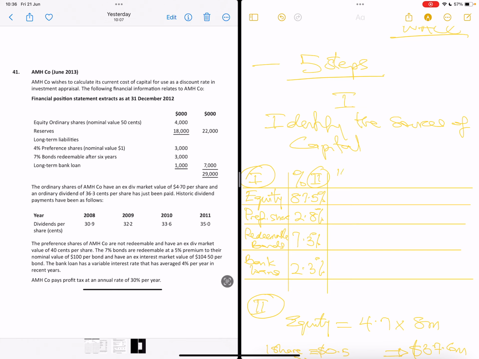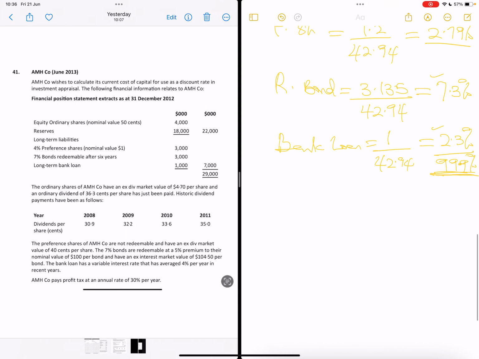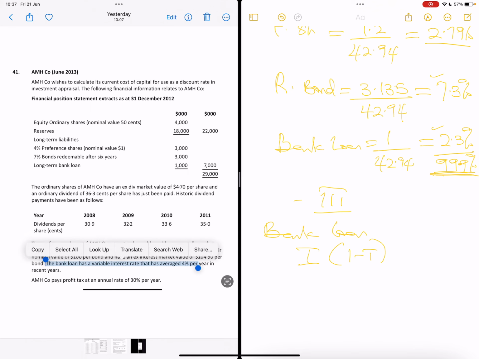Now step 3 is to calculate the cost of each capital, which is a kind of revision of what cost of capital is. The easiest one is the bank loan. Let's quickly do step 3. So let's start with the bank loan, which is just interest times (1 minus t). It's stated here that the bank loan has a variable interest rate that has averaged 4% per year in recent years.